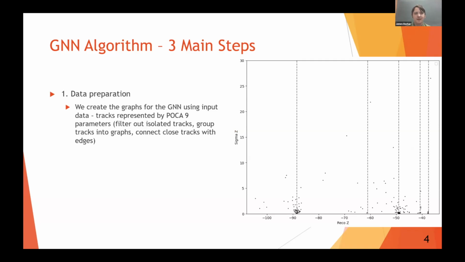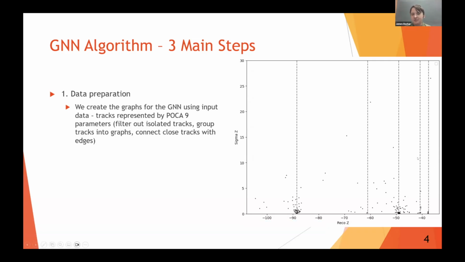I'm going to go over the background of how the algorithm works so people can hopefully follow what I'm speaking about. We have an event, which can be seen in this plot on the right. This is the event in Z and uncertainty in Z. All of the points here are actual track positions and their uncertainty, and the vertical lines are PV positions from the truth information, because this is a simulated event.